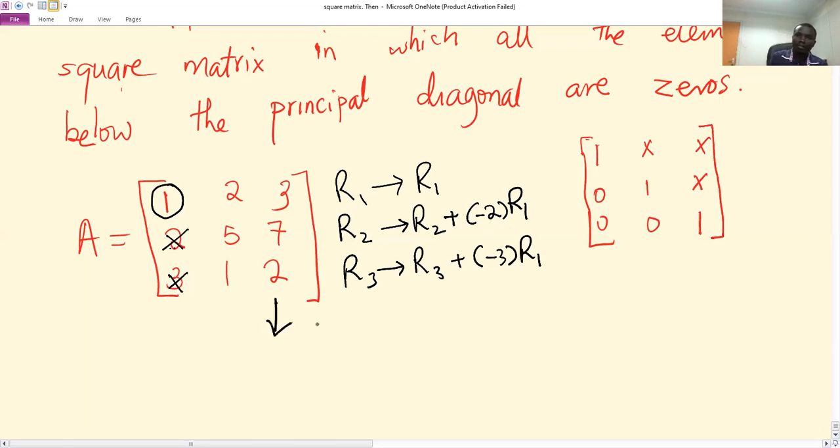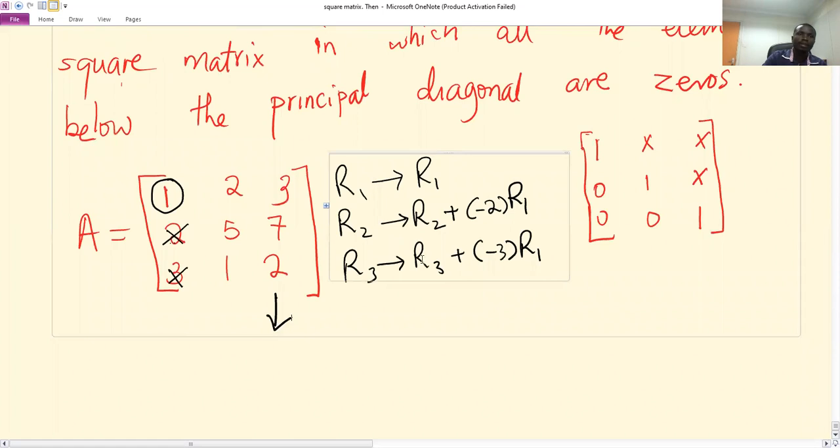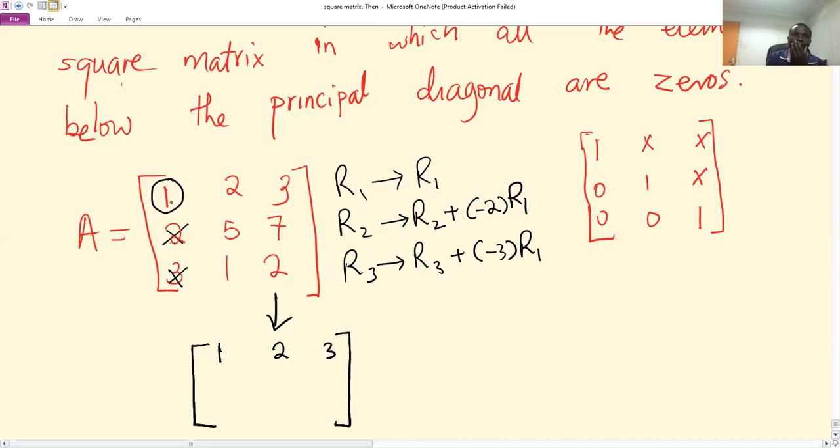This transforms the matrix into 1, 2, 3. Now 2 plus -2 times 1 is 0. 5 plus -2 times 2 gives us 1. 7 plus -2 times 3 is 1.